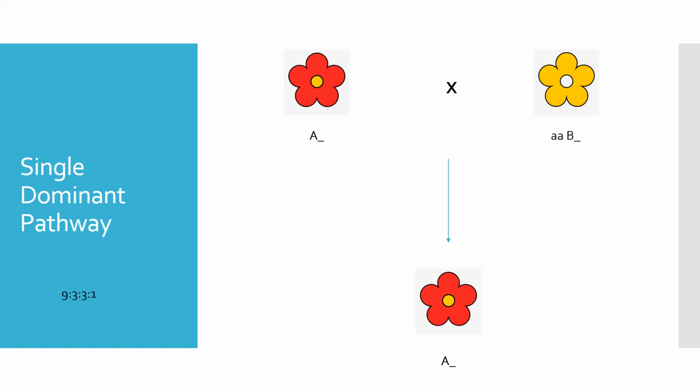For the yellow flower, we need to have no big A's and at least one big B so it can show off that yellow. If there were a big A in this yellow flower, the flower would not be yellow, it would be red. So when we cross these two parents, we're going to get a big A, which is going to be a red flower. What's important for this parent is that it has at least one big A.